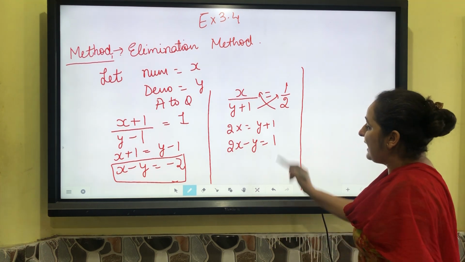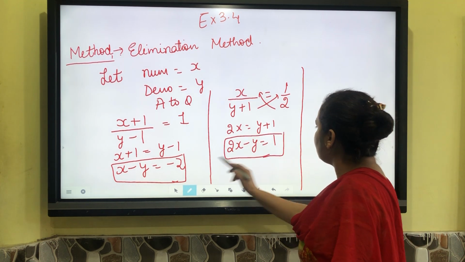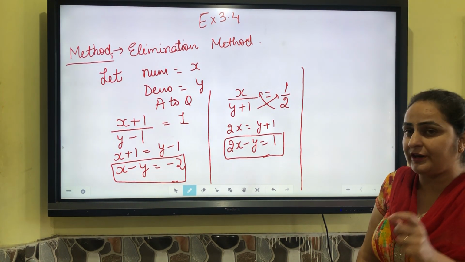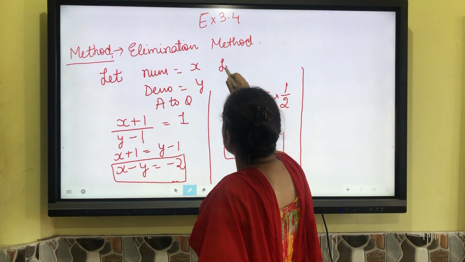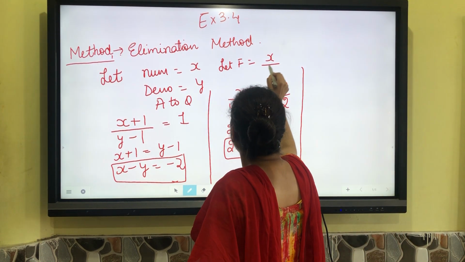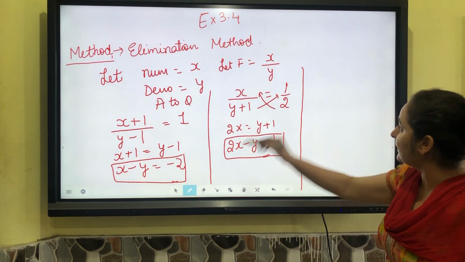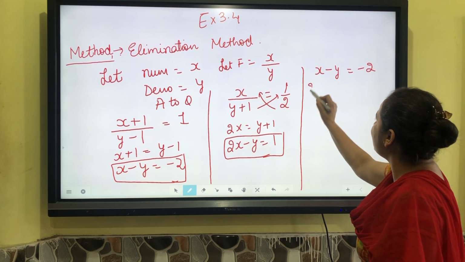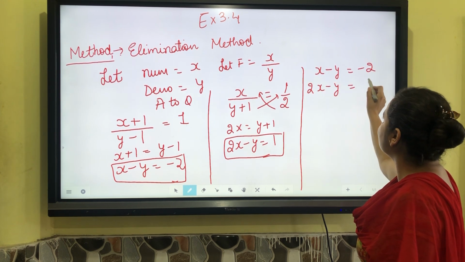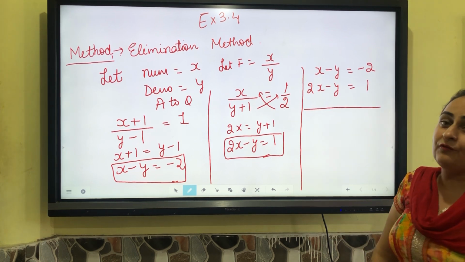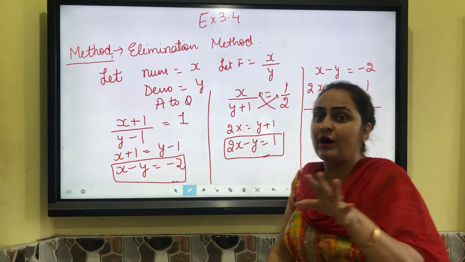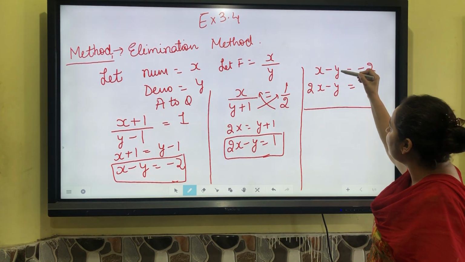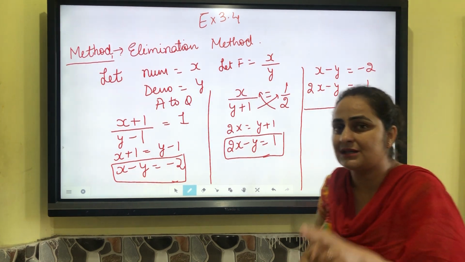Here, I am making two equations and both are linear equations. Now, how to find the value of x and y? Because we want the fraction, that is numerator upon denominator. The first equation is x minus y is equal to minus 2 and the second equation is 2x minus y is equal to 1. Now, let us check whether the coefficient of either x or y is equal.